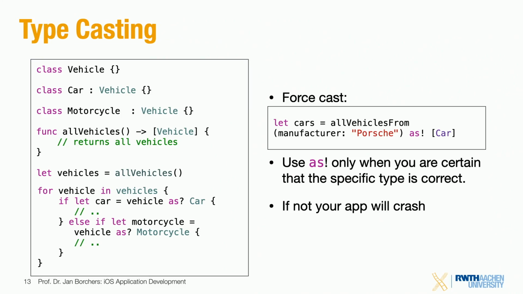In this case, the cars here are not an optional, because I'm specifying this is of that type. It will be a car, or here an array of cars in that case.